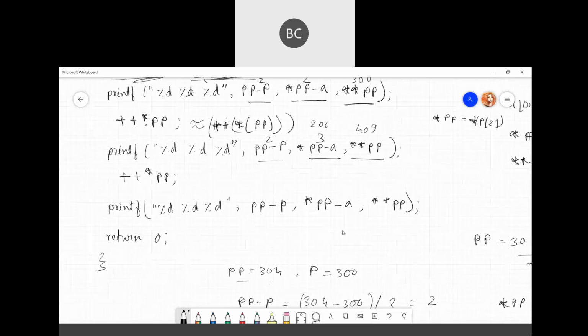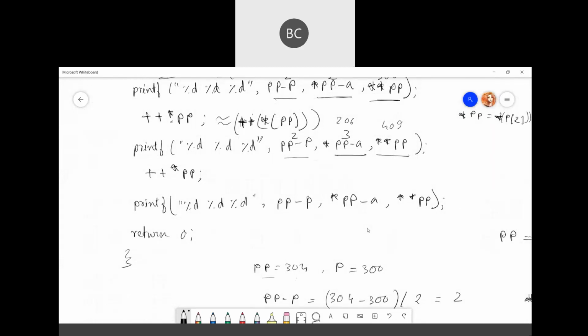Okay, so the last one. You are incrementing this value again. So again, the same thing, the associativity rule. What is it equivalent to? I missed the part, it should be a double pointer.